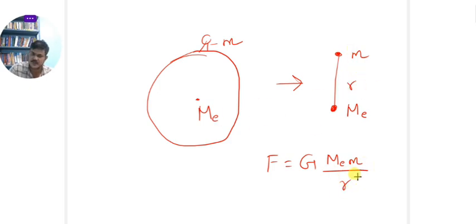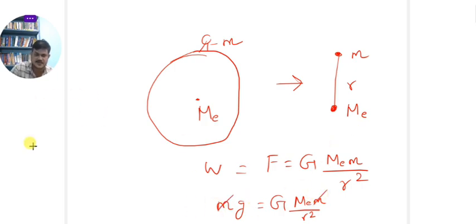This much force is felt by this person. This force is called weight. Weight can be written as m into g equals G M_e m by r square. So this person's mass cancels on both sides, and gravity g equals G M_e divided by r square, where r is the distance between the two objects.